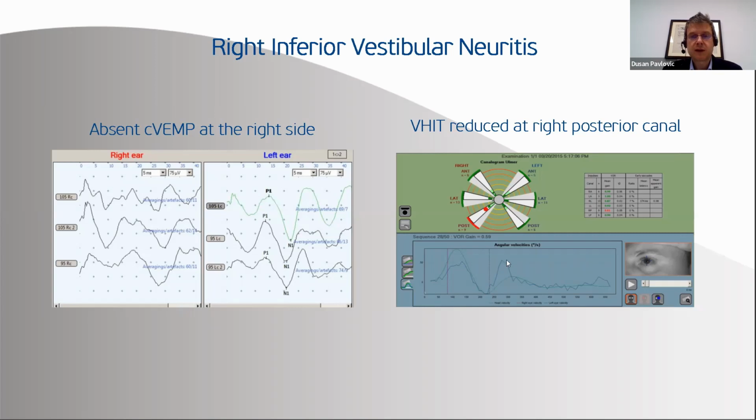You can see it with the big covert saccade. So that's an example of right inferior vestibular neuritis. And frequently in those patients, we have a simultaneous drop of hearing at the high frequencies.